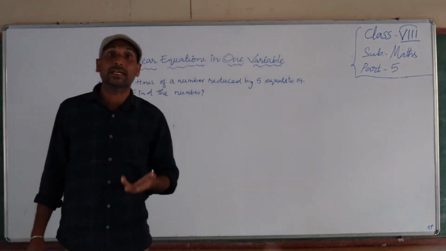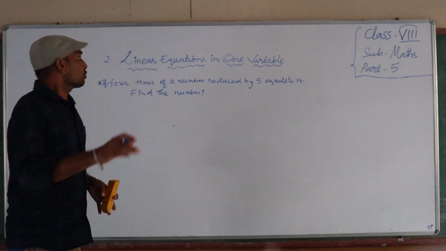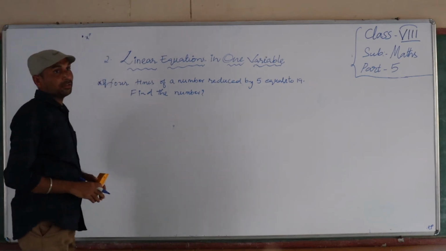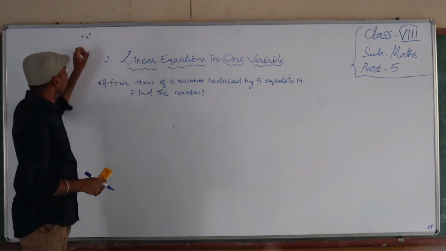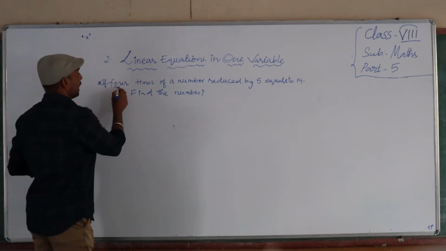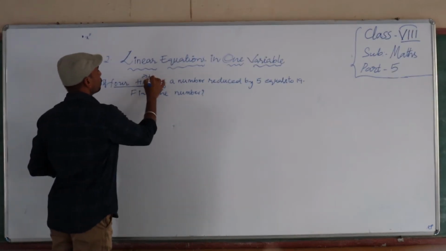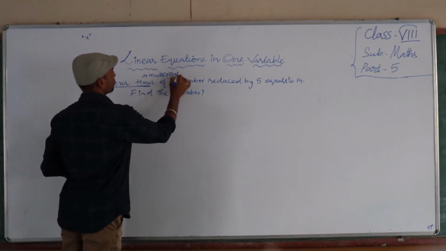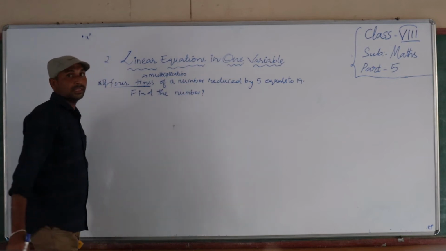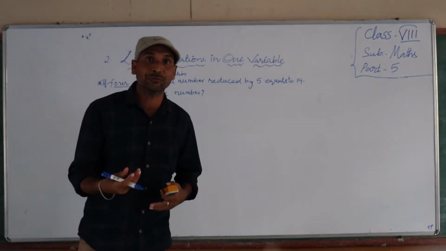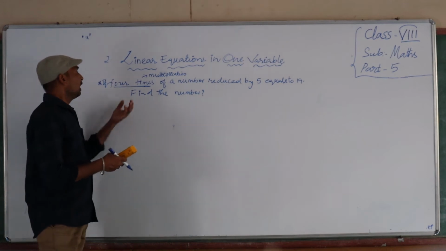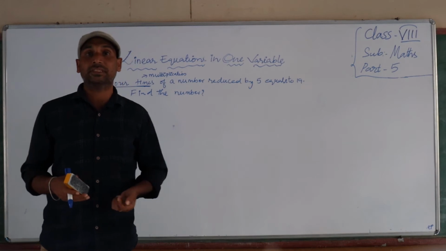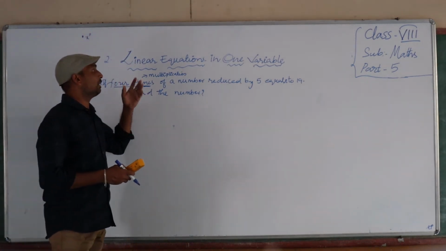We don't know what the number is, so suppose I am taking x. 4 times of a number, times means here we should multiply. So 4 times means the given number we should multiply with 4. If 2 times, we should multiply with 2. If they ask 3 times, we should multiply with 3. So times means multiplication.